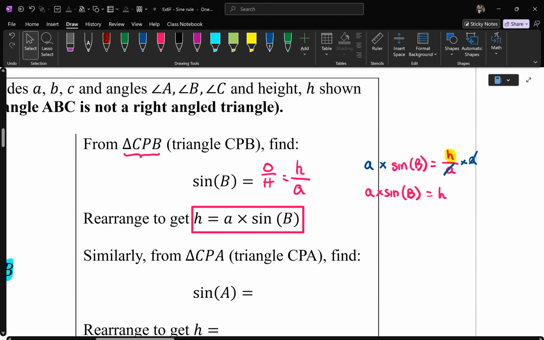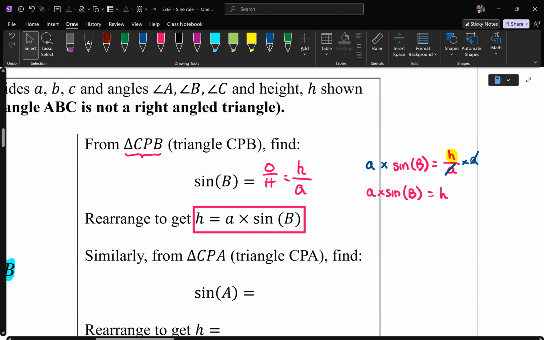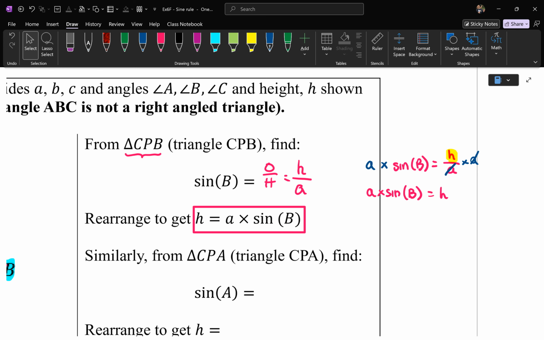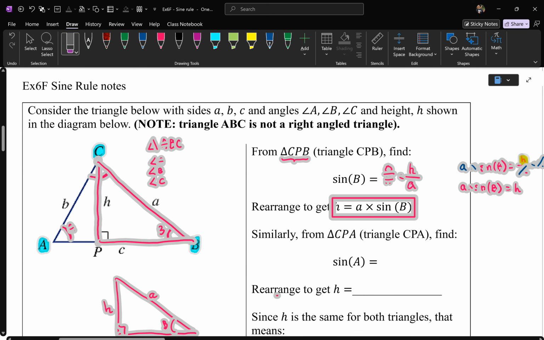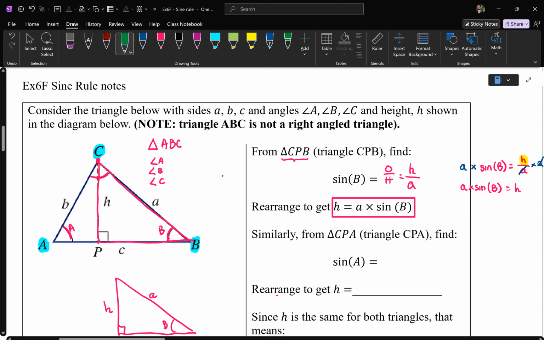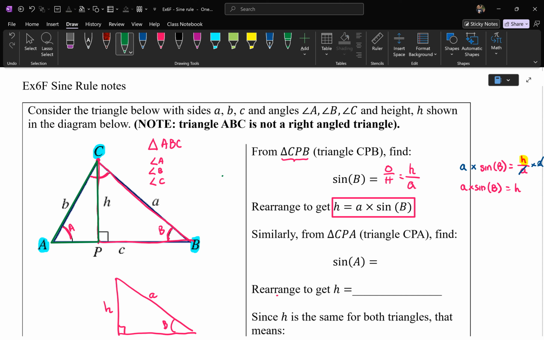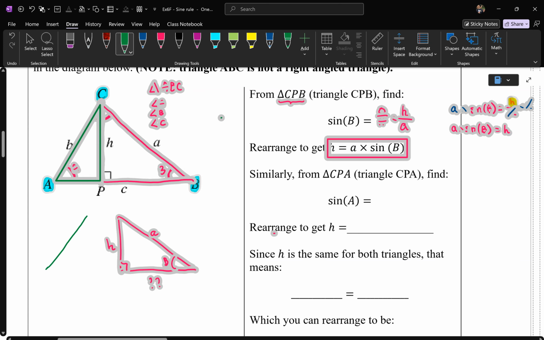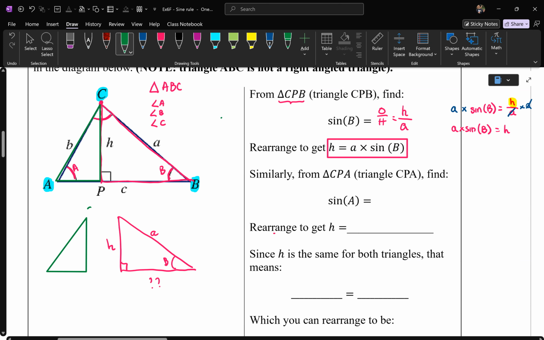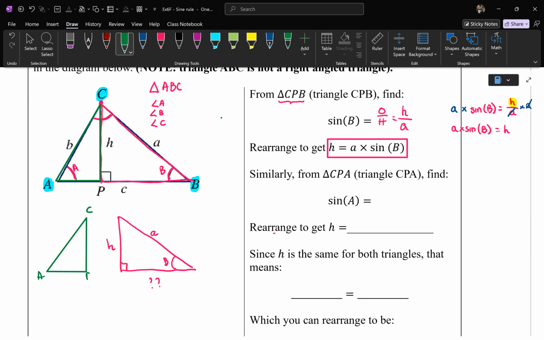Then I want you to look at the same diagram again, but this time look at triangle CPA instead of CPB. I'm going to draw it in green now. CPA is the left-hand side. It looks like this: C is on the top, A is here, P is here, and this is 90 degrees.